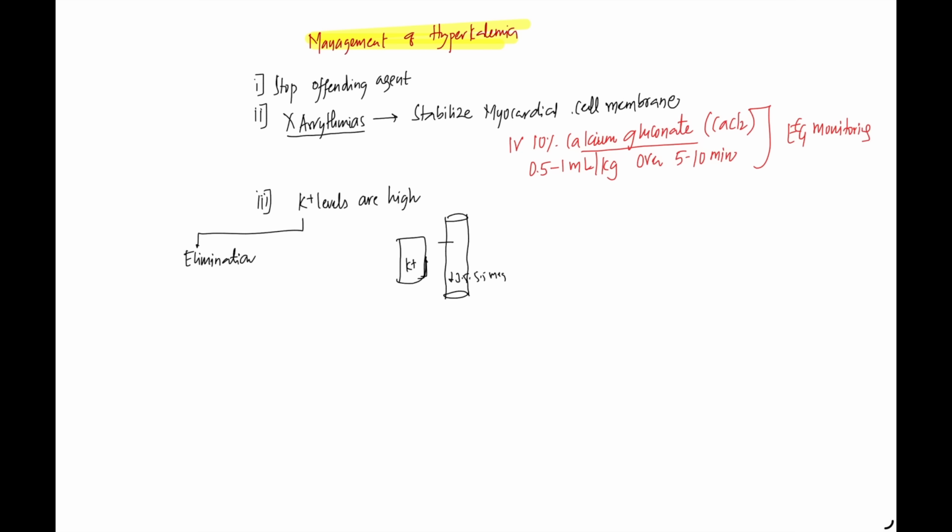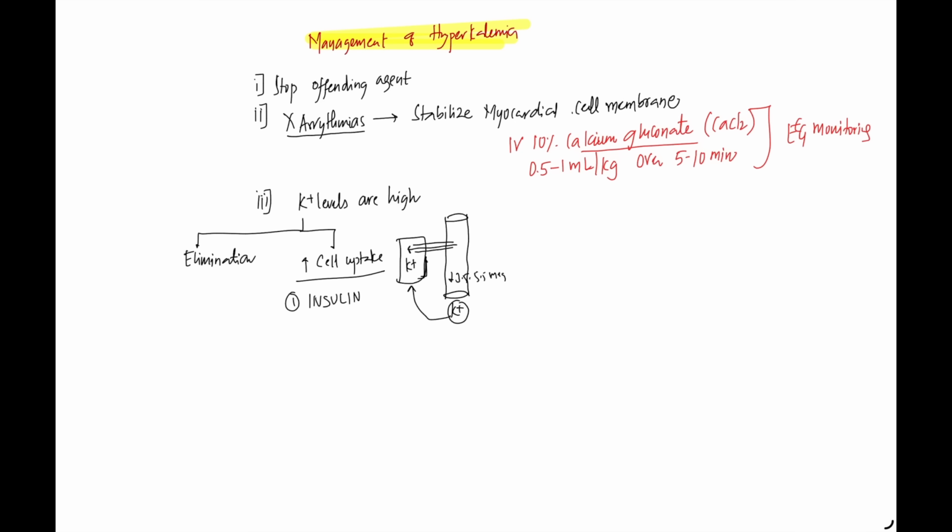If I can enhance the cellular uptake of potassium, I can send potassium in the blood into the cell. Cell uptake of potassium can be increased by, number one, insulin. Do you remember the management of diabetic ketoacidosis? When treating diabetic ketoacidosis, we always check potassium levels. If potassium levels are low, we supplement, because insulin causes cellular uptake of potassium.